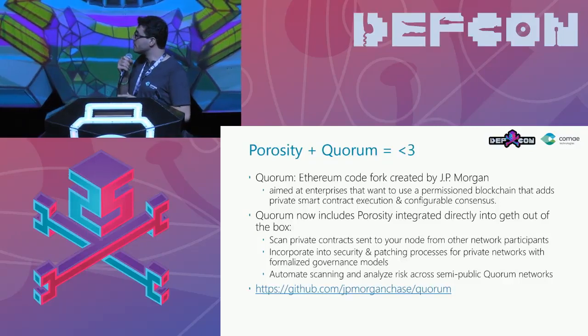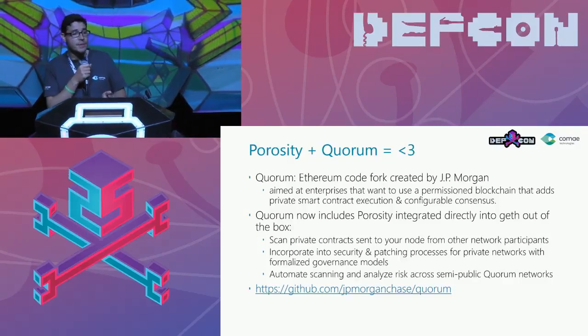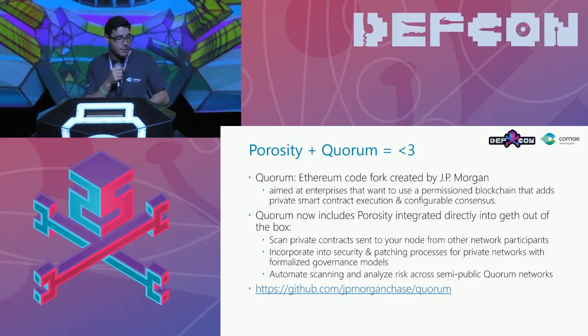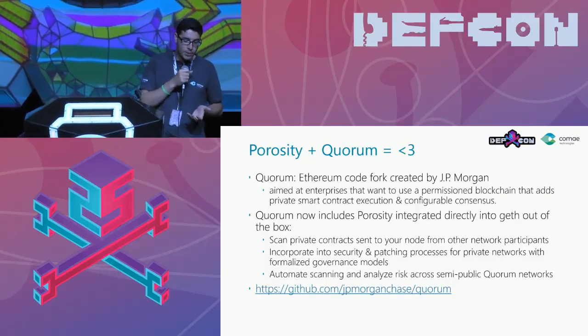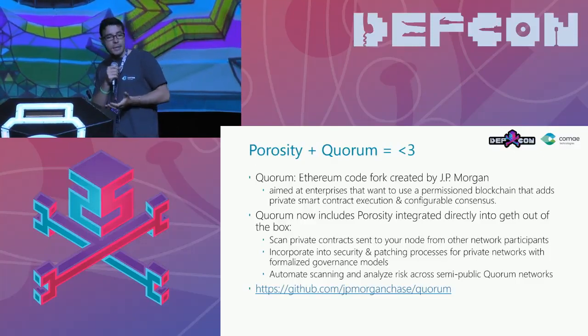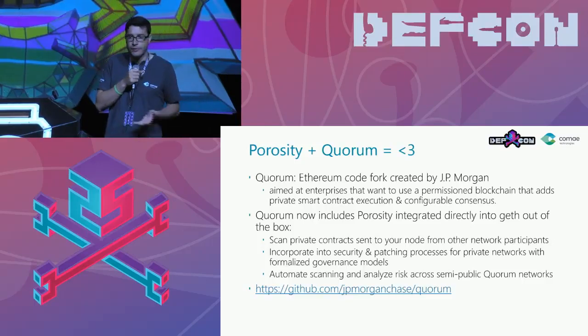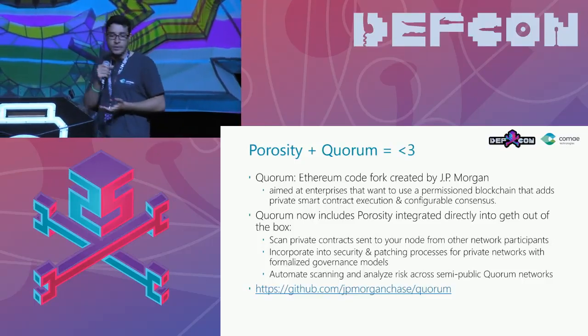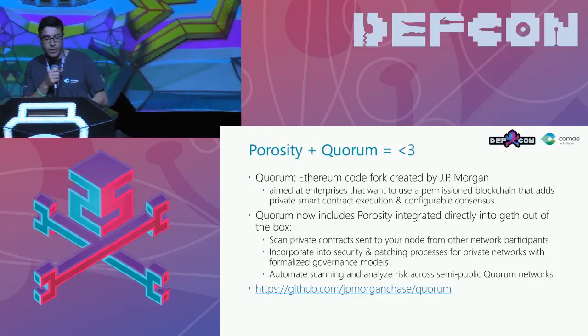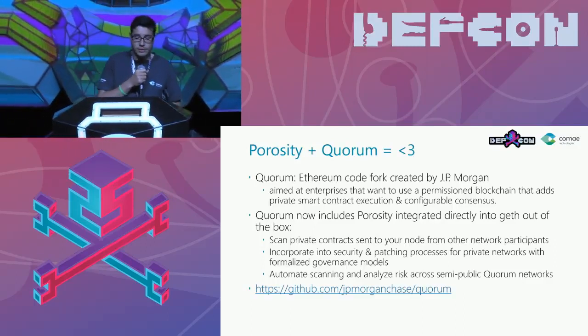So there is a fork of Ethereum called Quorum, created by JP Morgan, which is pretty interesting because the main reason people were a bit worried with Ethereum is that if you're an enterprise, you cannot just have everything written transparently. So they introduced this privacy layer and permissions to smart contracts, which is pretty cool.